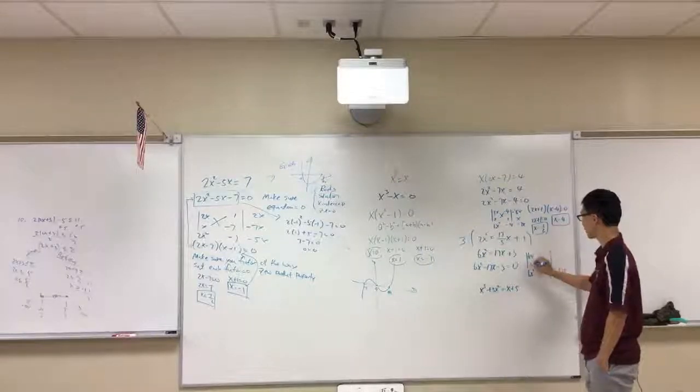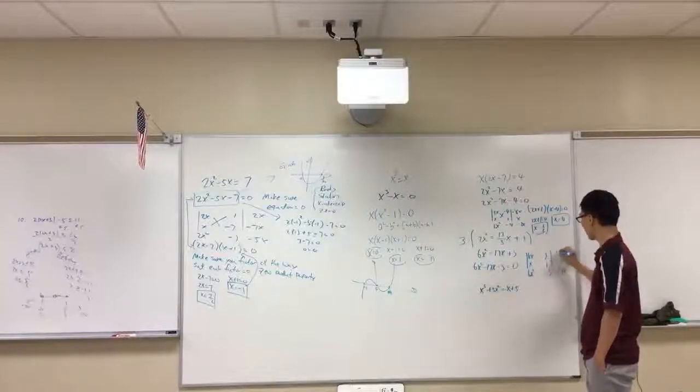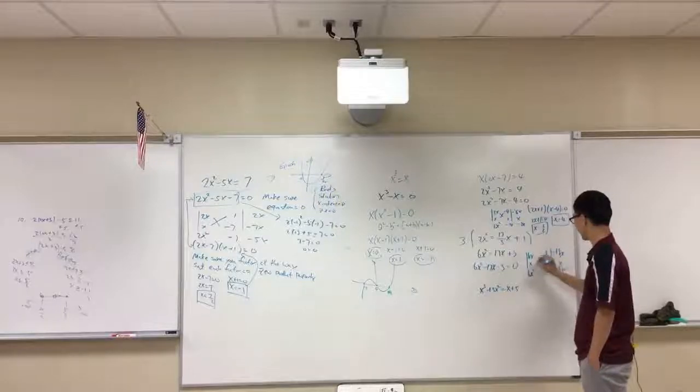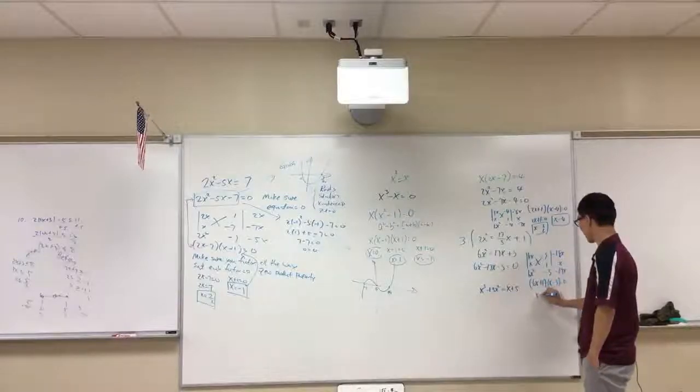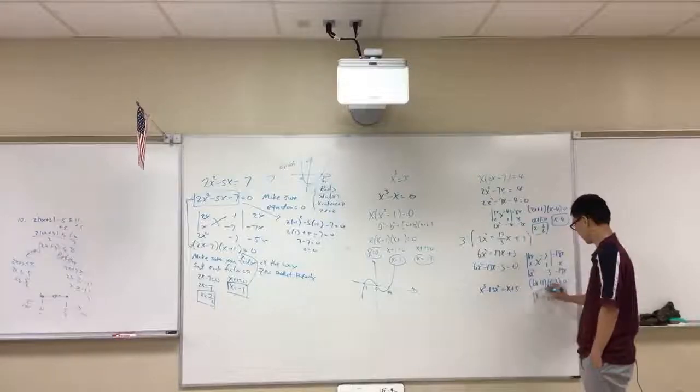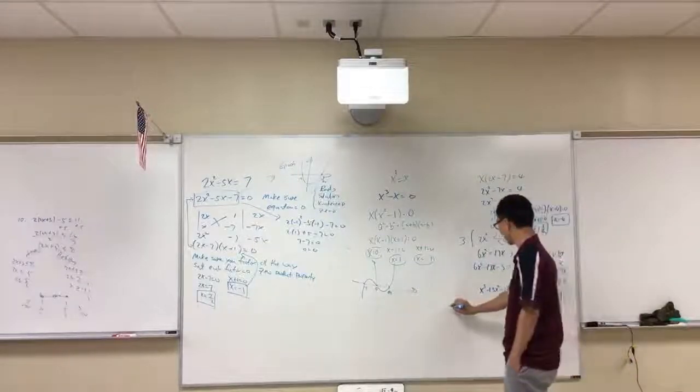So that's going to be 6x and x, 3 and 1. That's going to be 18x and 1x. This one's to be negative. So it'll be 6x plus 1, and then x minus 3 is equal to 0. X is equal to negative 1 over 6. X is equal to 3. This one's just factor by grouping.